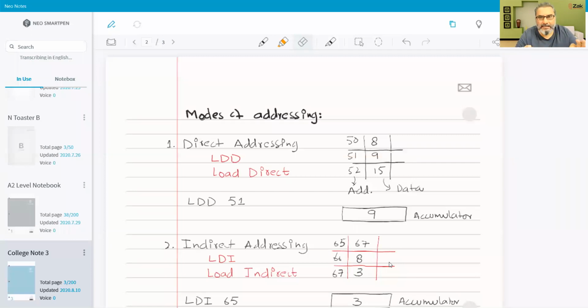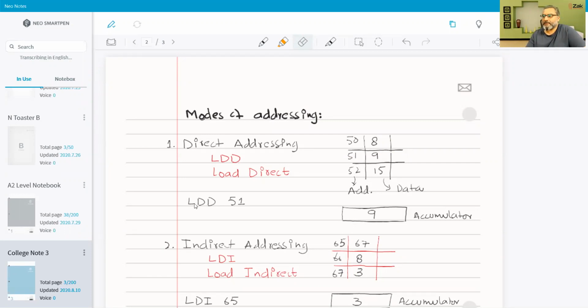First one is direct. Direct addressing means whatever the address that is given, go to that address and bring in the data. And whenever the data is fetched, it is brought into the microprocessor from the memory, it always reaches the accumulator. It is always stored in accumulator. So direct addressing, LDD, load direct.